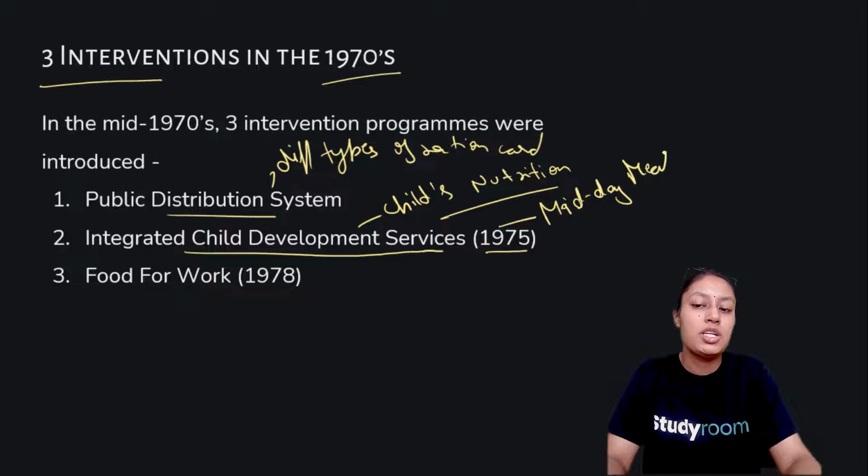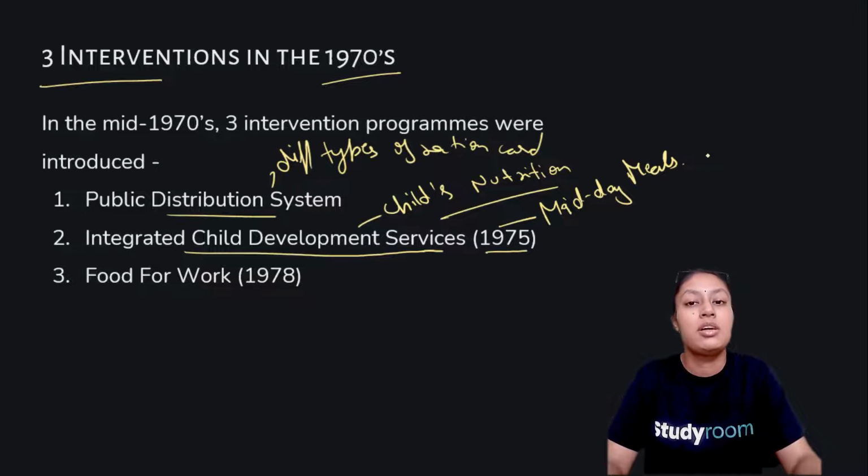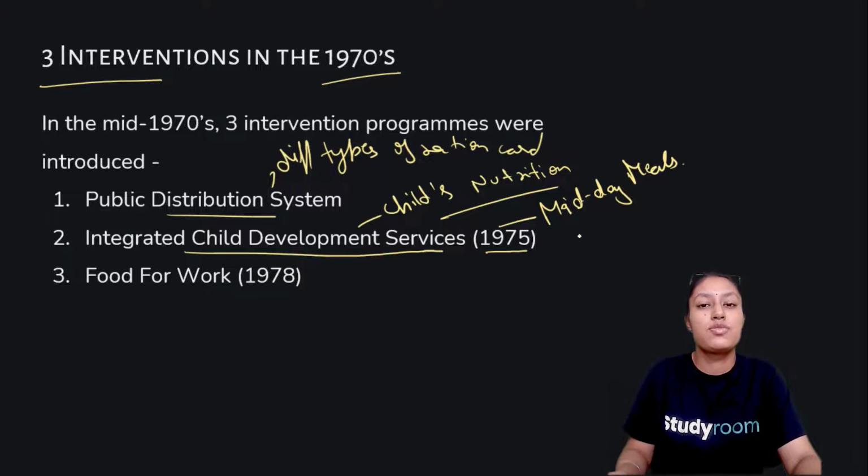Midday meals were also one of the ways to attract children to go to school, and in this way they can also get food. Midday meal is one of the most successful programs where children get food at their break from the government. They go to school and study, and when there is recess, of course, these are people who cannot afford luxury lunches like us, so they get a midday meal from the government. The government provides different kinds of nutritious food to them.